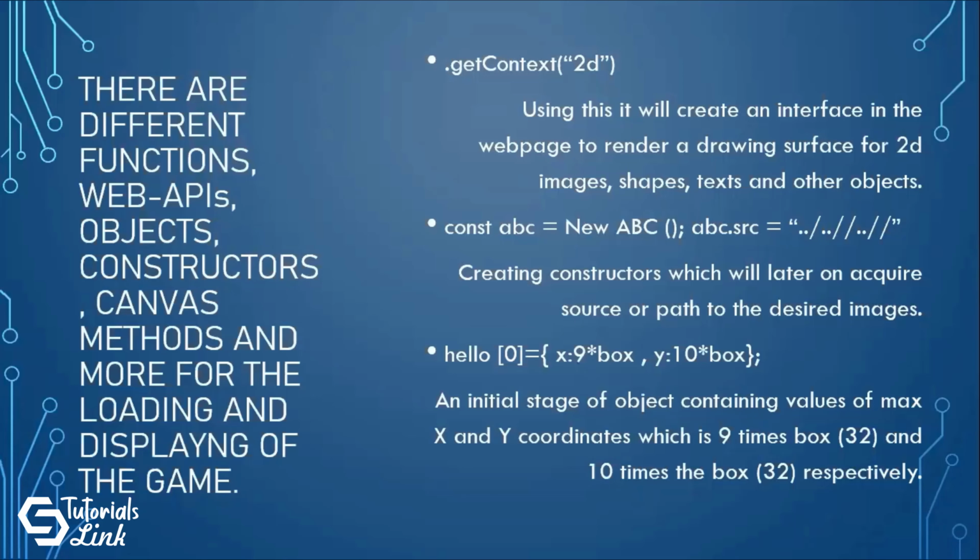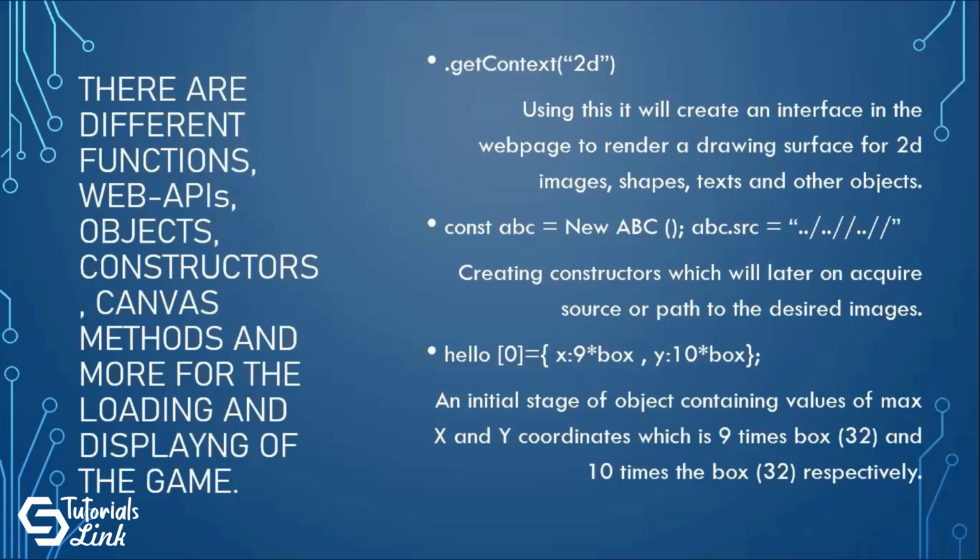Next is hello, an array with objects. You can see x: 9 * box, y: 10 * box. What it means is that at the 0th index of hello, there is a possibility of x and y coordinates inside this array. And these are all mentioned in an object, which is saying that x can have the initial value of 9 times box, and box previously we have given as 32.